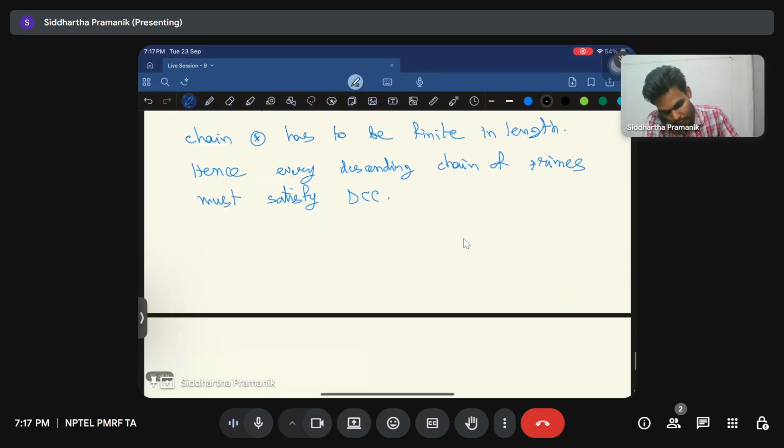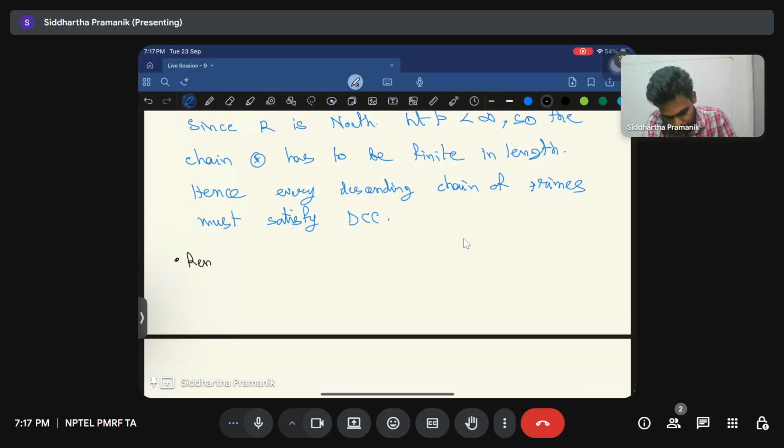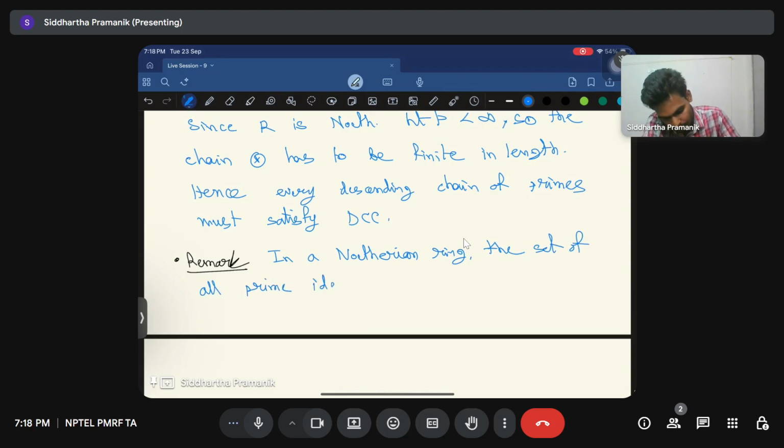So one thing I put as a remark. In a Noetherian ring, the set of all prime ideals satisfies both ACC and DCC, both ascending chain condition and descending chain condition.